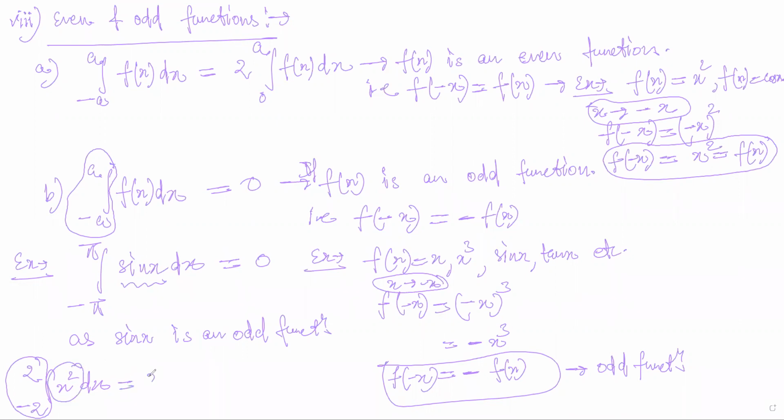So the answer would become twice the integral from 0 to 2, only the upper limit 2 and the lower limit becomes 0. So 0 to 2 x squared dx. Integration of x squared is x cubed by 3 from 0 to 2. So this becomes 8 by 3 into 2, that is 16 by 3. The answer is 16 by 3.